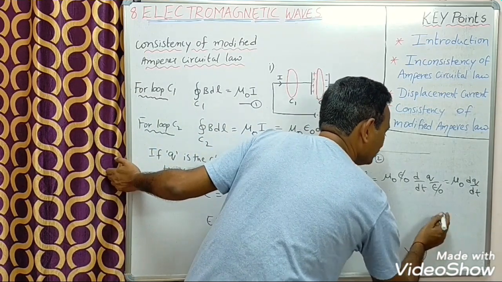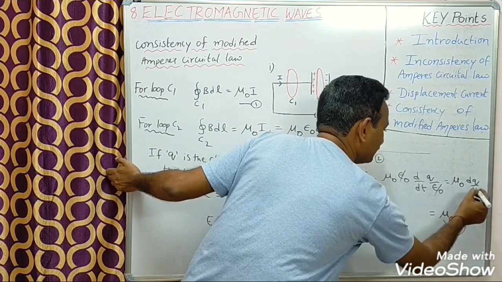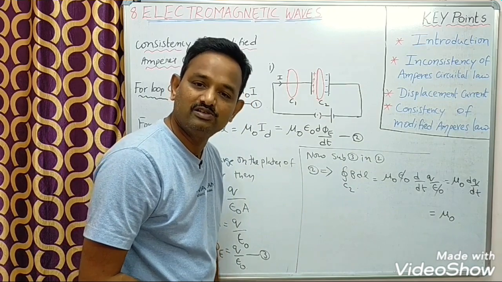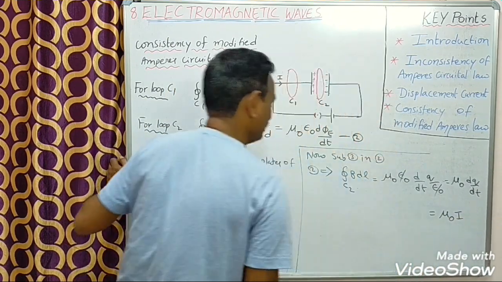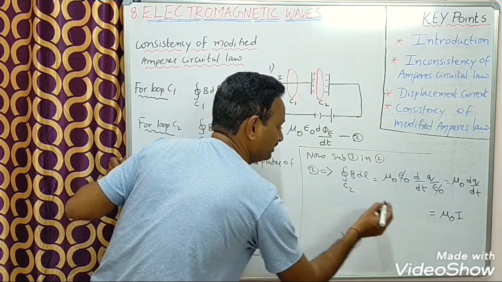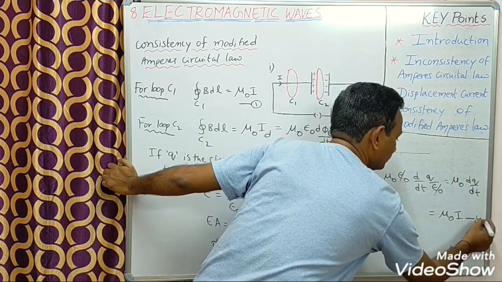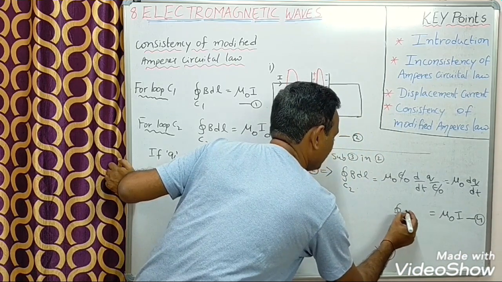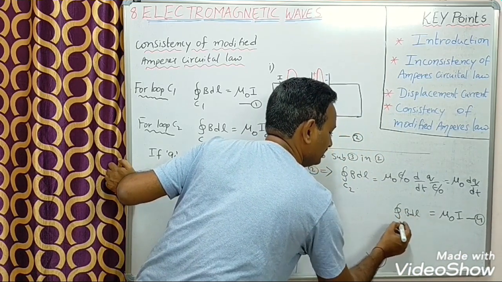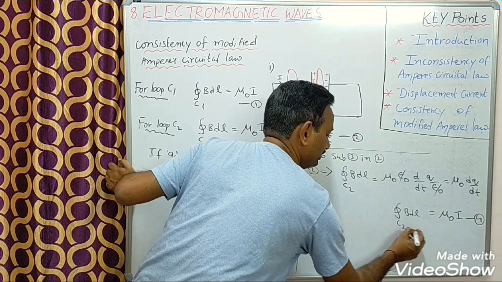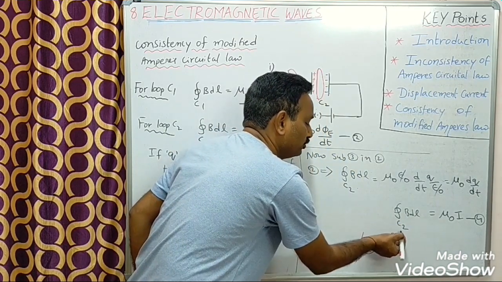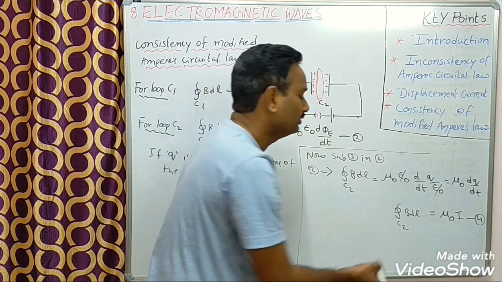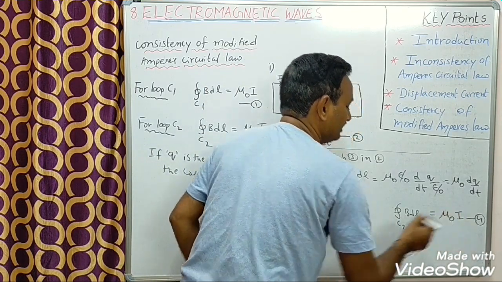So I will substitute I, that is current. So finally I got equation 4, that is the line integral of magnetic field around a closed loop C2 is equal to mu naught times I.